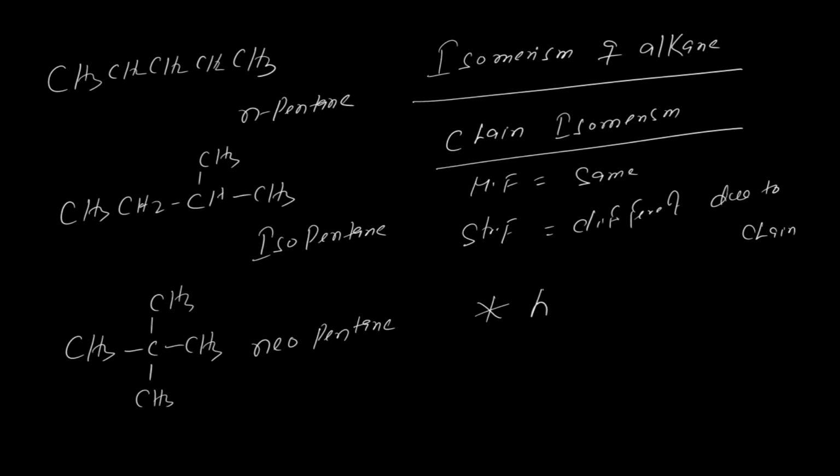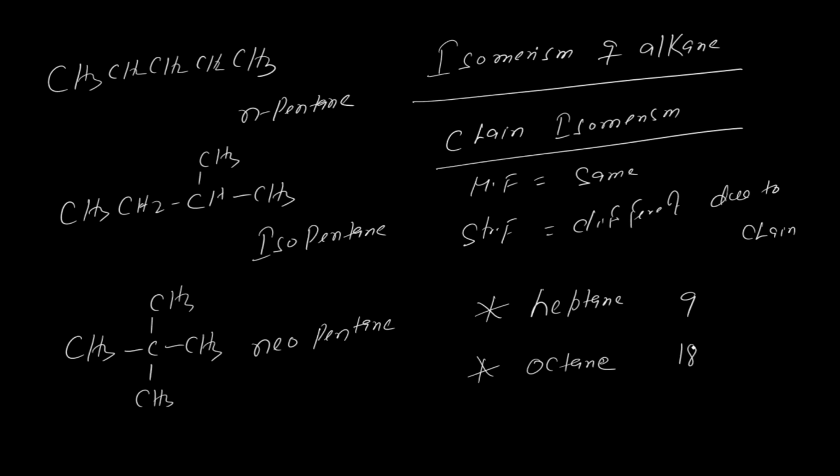Now in the 6 carbon alkane, like hexane, how many possibilities? Just solve it and tell me. So it will be 5. It will be 9 isomers possible for heptane, 9 chain isomers possible for heptane, and for octane, how many are possible? So you have to work it out over here.